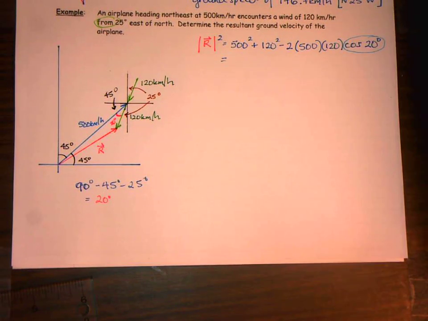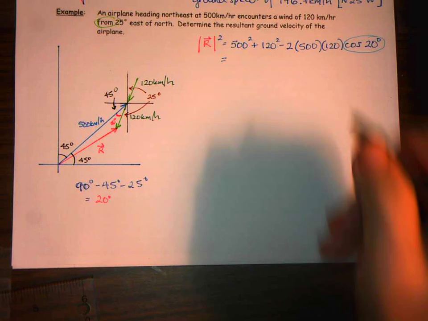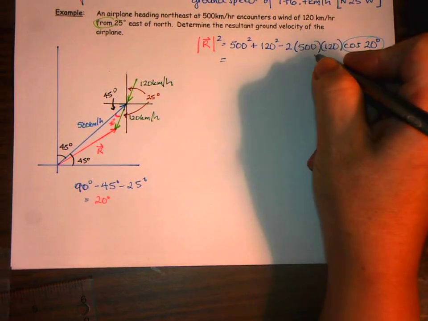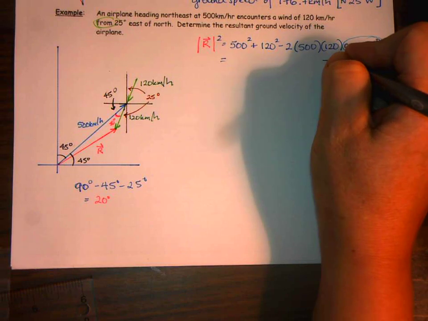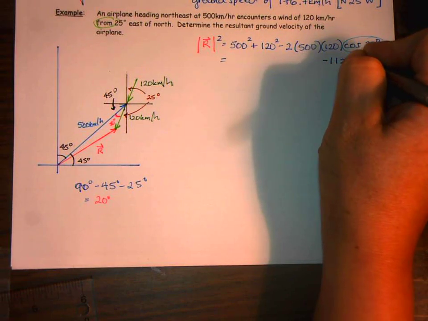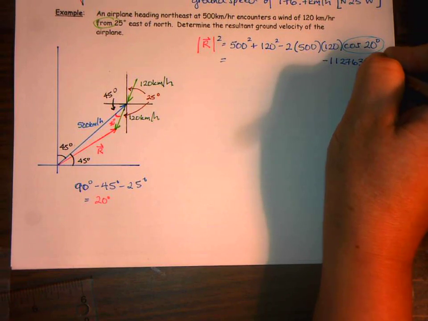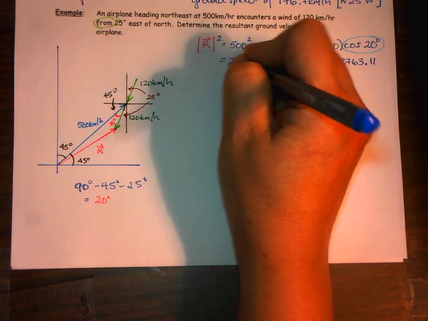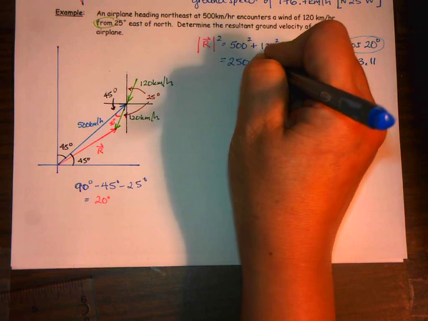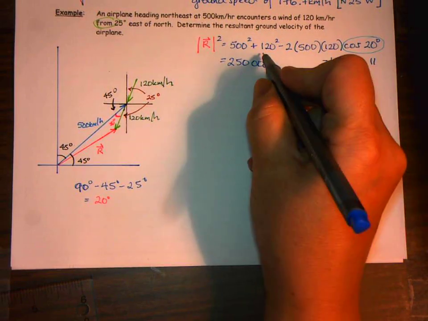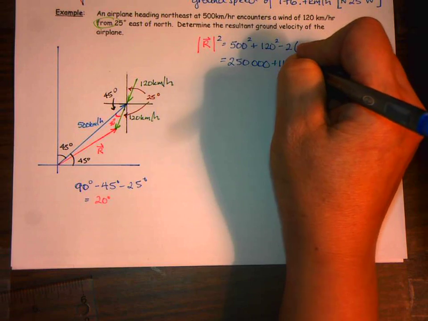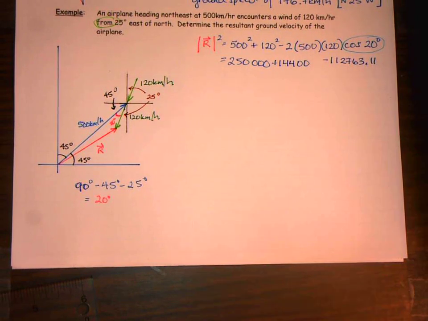So I could punch that into the calculator, and I'm going to get, for all of this, minus 112,763.11. 500 squared is going to be 250,000, and 120 squared is going to be 14,400.